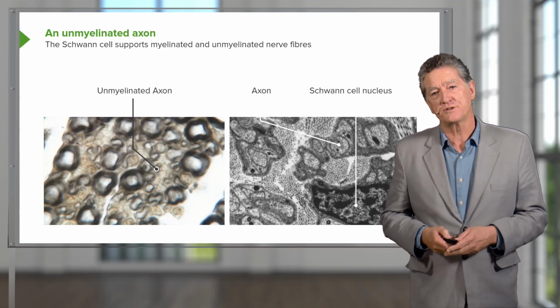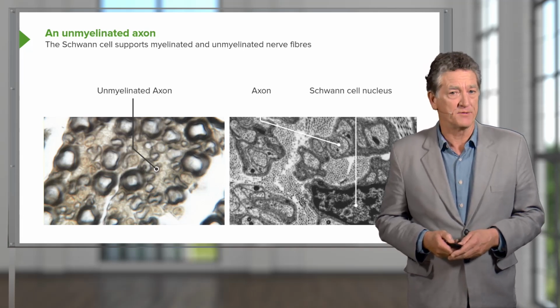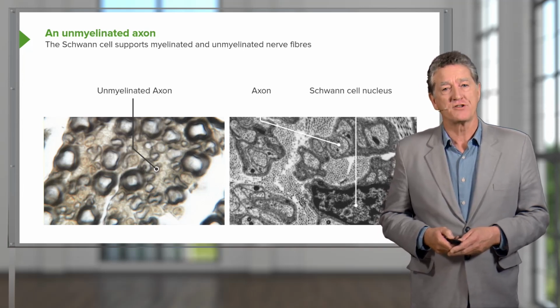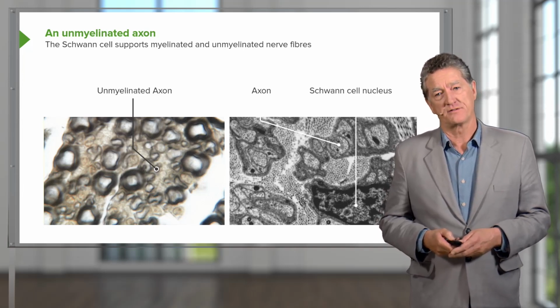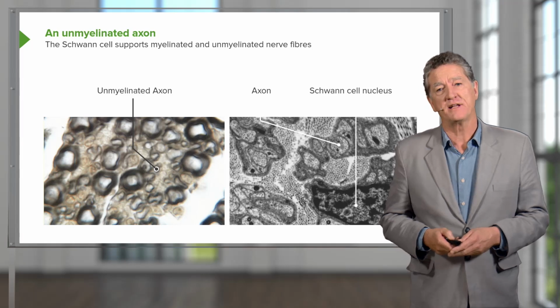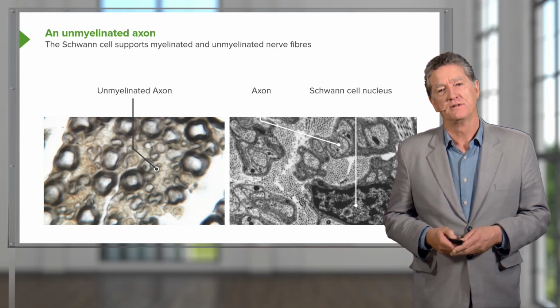When the myelin sheath wraps around these axons, the axon is myelinated by a whole large number of Schwann cells.